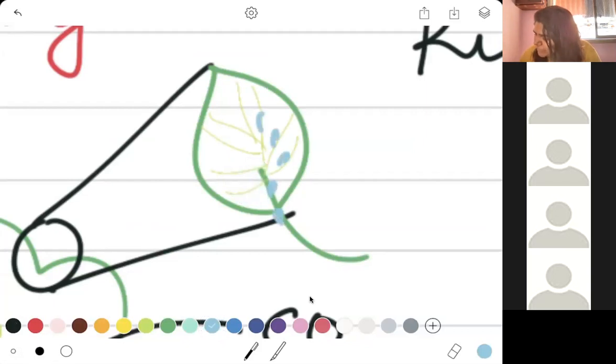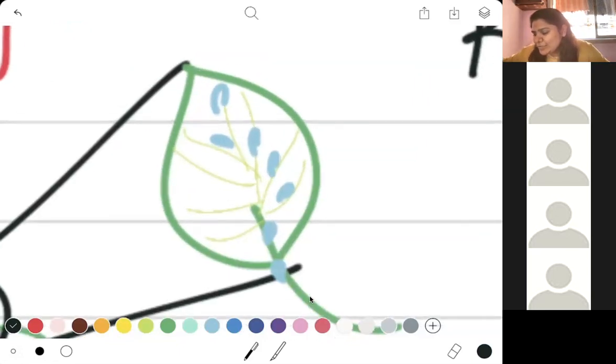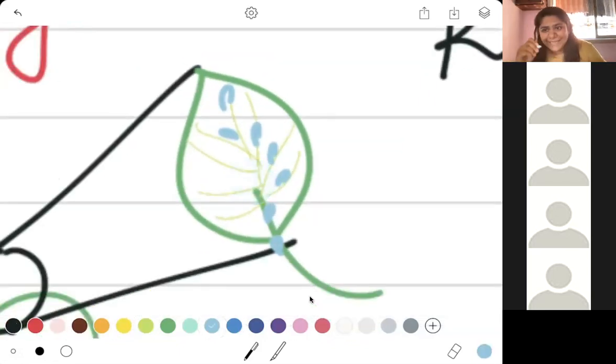This water is bringing some amount of nutrients and materials with it, and once those nutrients and extra material have been used up by your leaf, this water is going to come out of your leaf. Then this water is essentially lost to the environment, and this process is called transpiration.